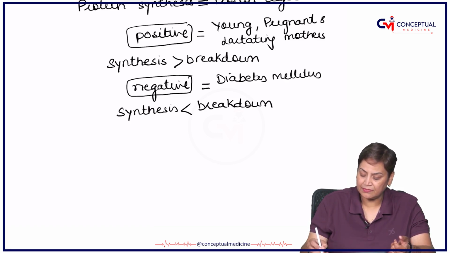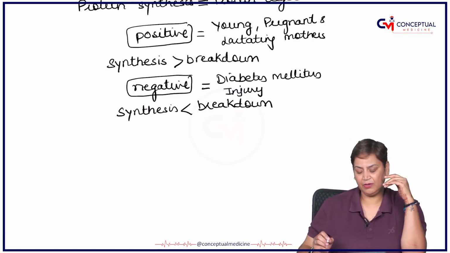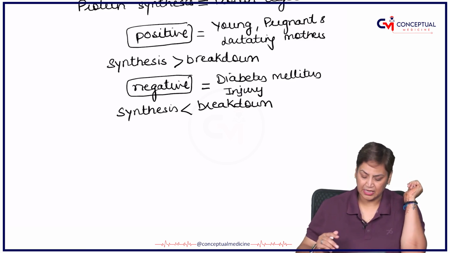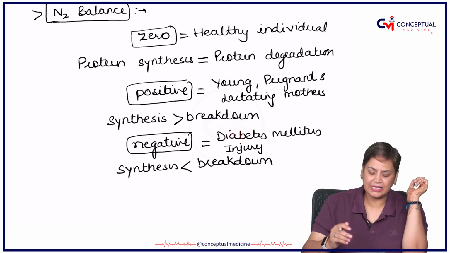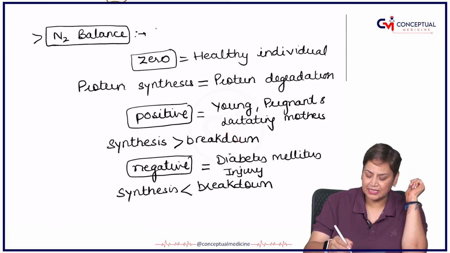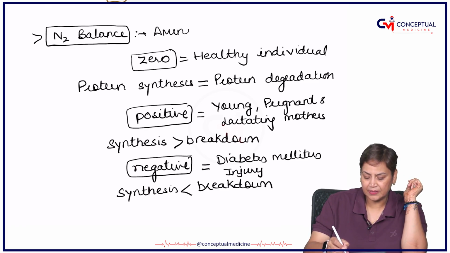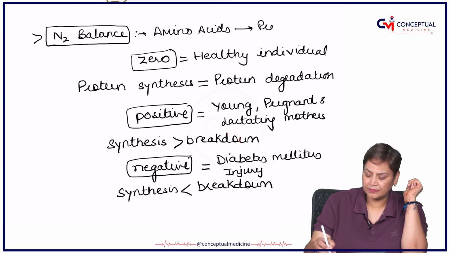So in diabetes mellitus, or in any injury, renal injury, there will be breakdown of the proteins. So this is very, very important to understand, and nitrogen balance is basically only present in the amino acids which form the proteins.